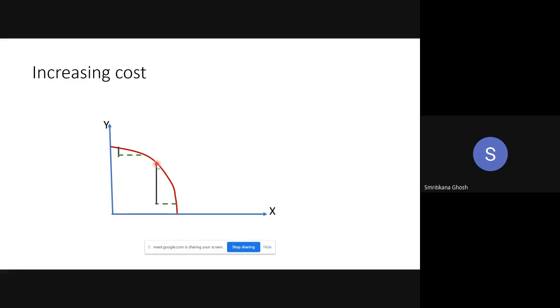The inputs which are actually skilled for the Y production are leaving Y. So when they leave, the Y production falls significantly because their productivity is very high in favor of Y. So that is why the Y production is falling significantly. That is the reason behind the concavity of the PPC.